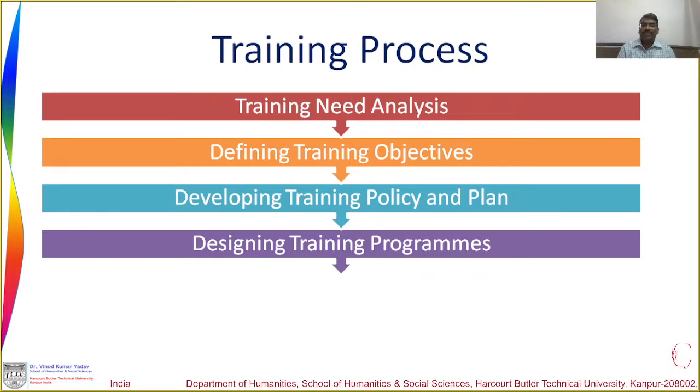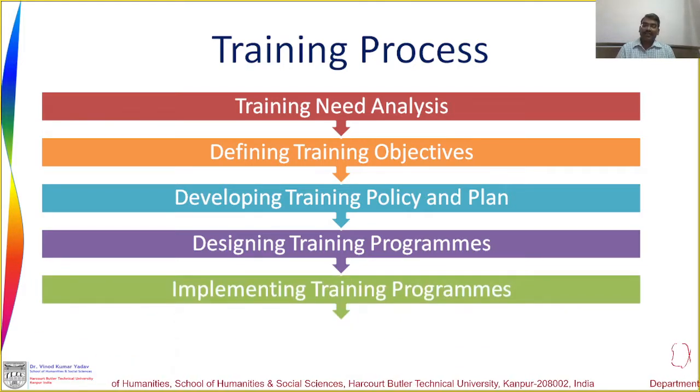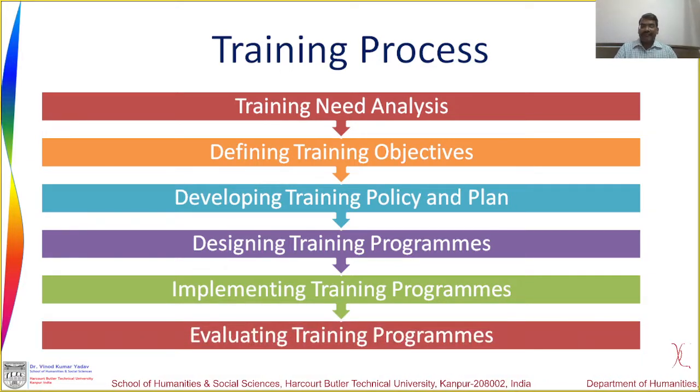And once this policy is clear, then make a specific training program, design the training program. We will discuss what exactly a training program is in coming lectures. Then implementing the training program, and then finally evaluating the training program.